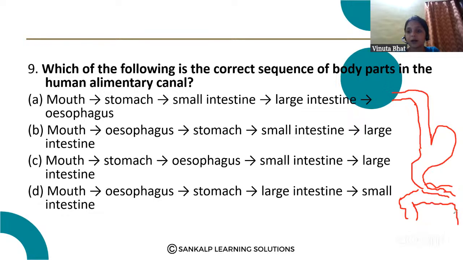So that is the pathway of the food that moves in the human alimentary canal. So the correct option is option A, mouth.